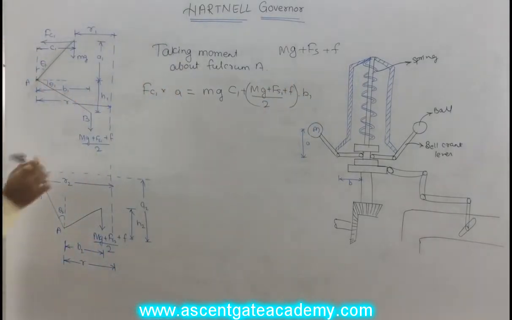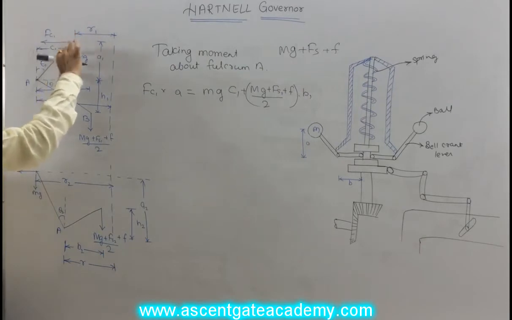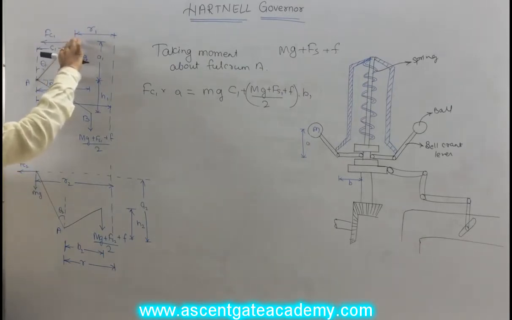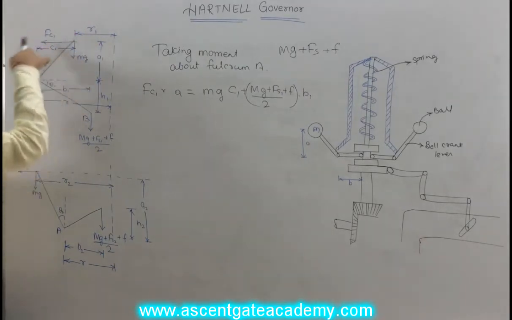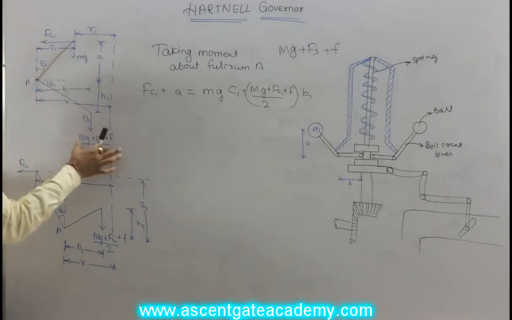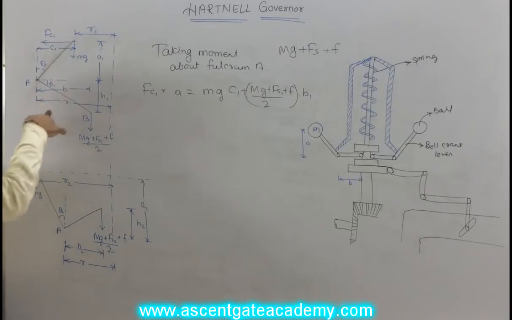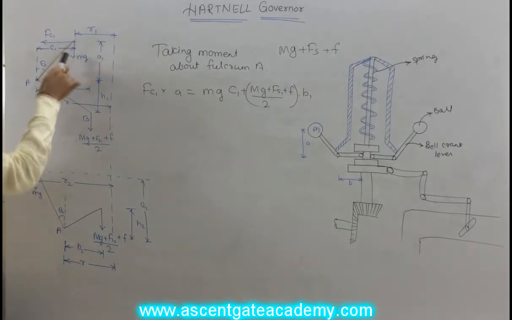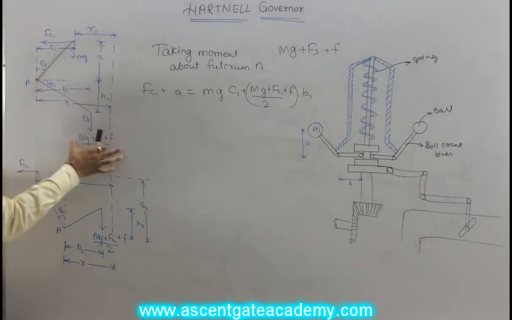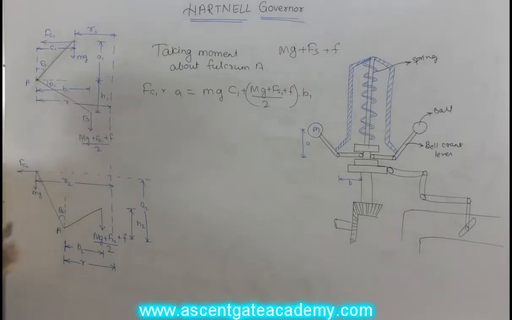Getting this? Okay, let me look again: Fc1 into this distance a1 is moving anti-clockwise. Now this mg and this complete mg plus Fs1 plus F by 2, these are taking this clockwise. So this will be equal to mg into c1 plus mg plus Fs1 plus F into b1.